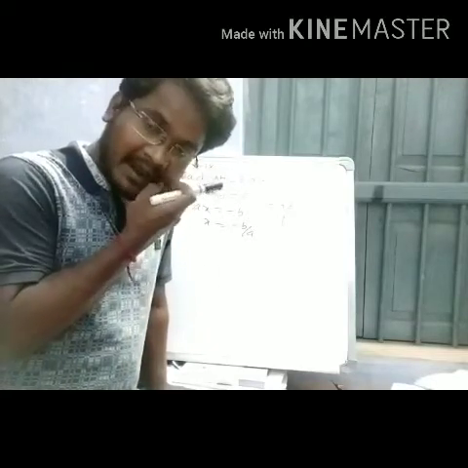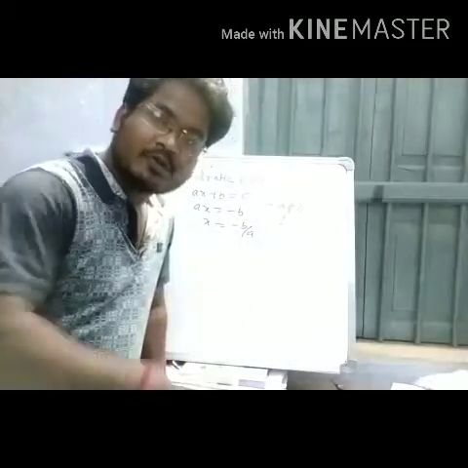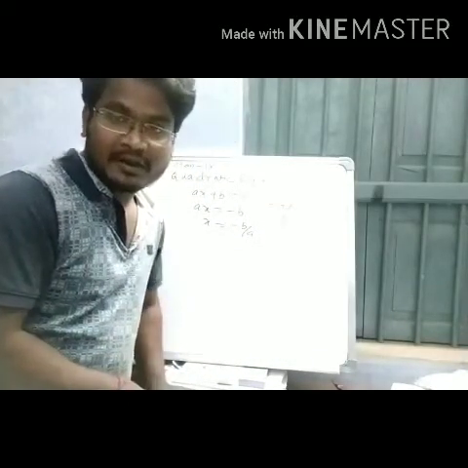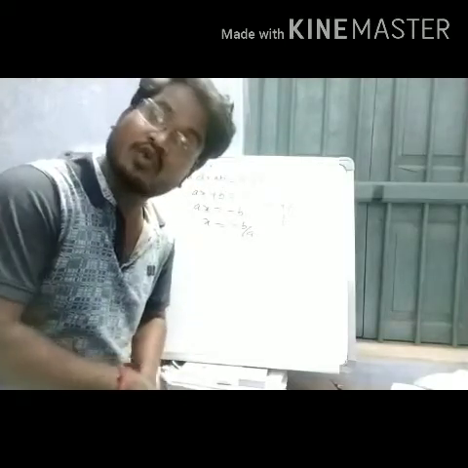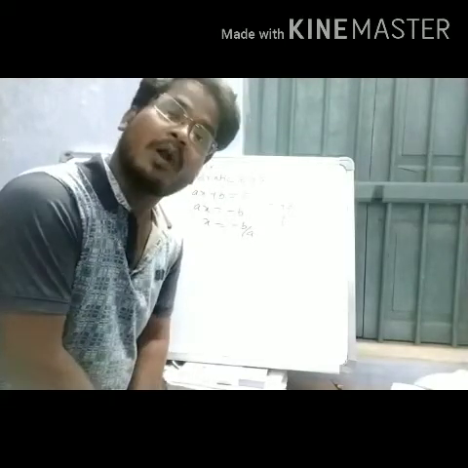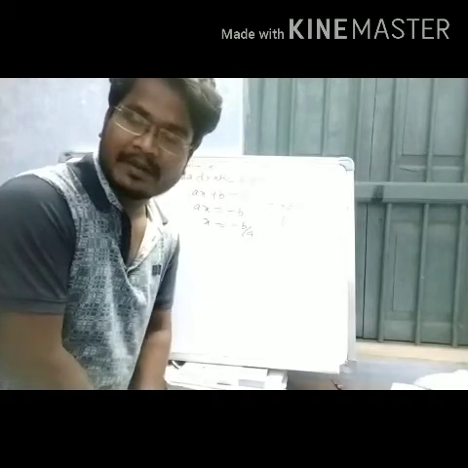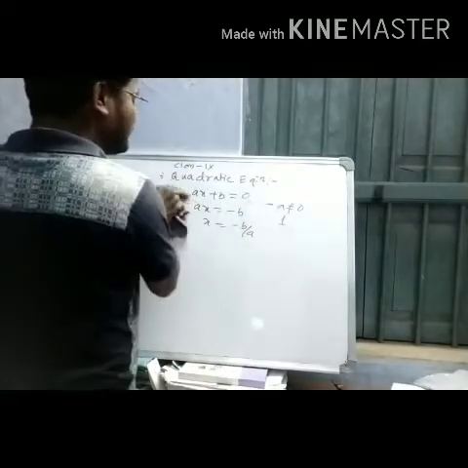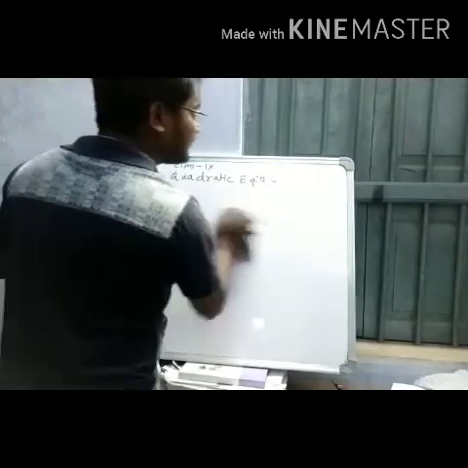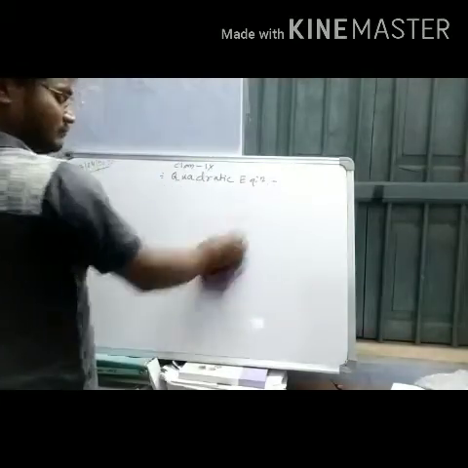But now you have to extend your knowledge to the quadratic equation, that is, quadratic equation in one variable. You have to know what a quadratic equation in one variable is and how you will solve it. Okay, let's discuss it. See, quadratic equation means its degree will be 2.